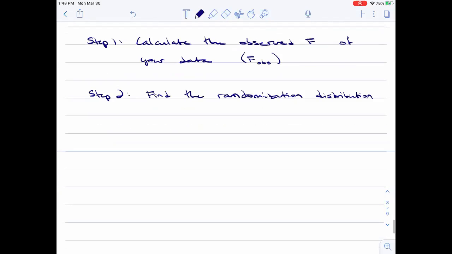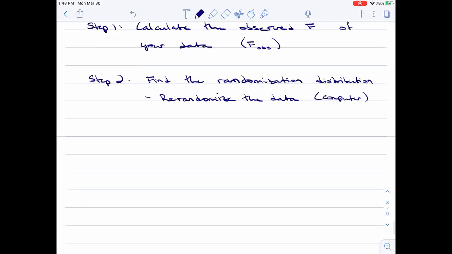So you're going to re-randomize the data, using a computer, of course. So reassign all your observations to different groups randomly.